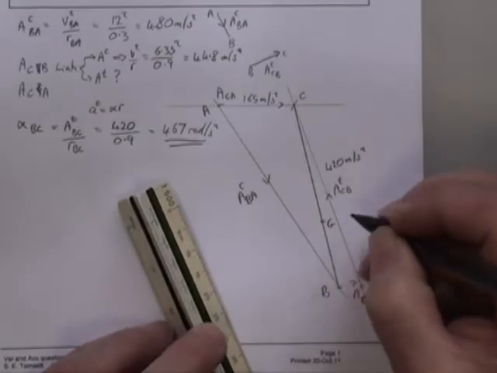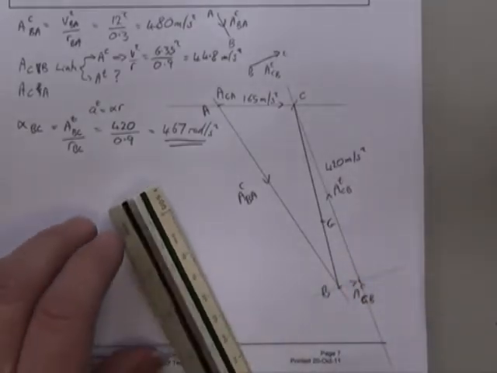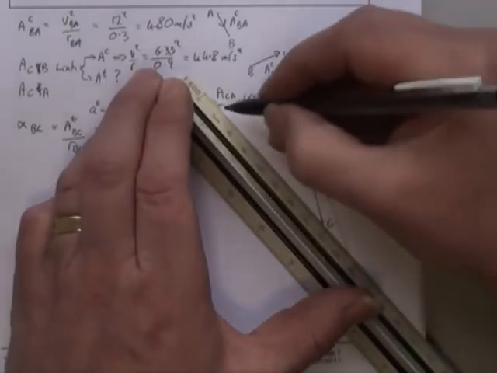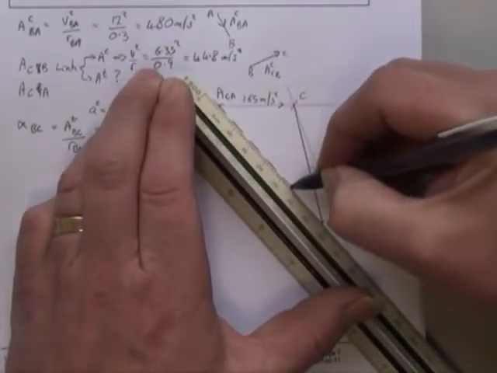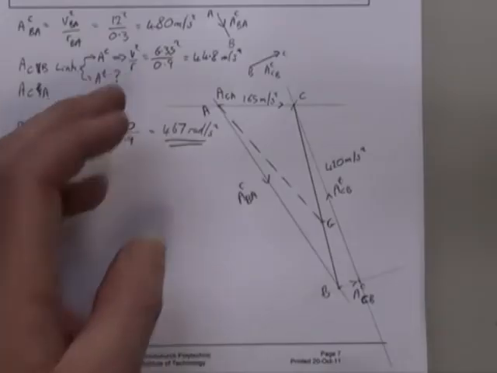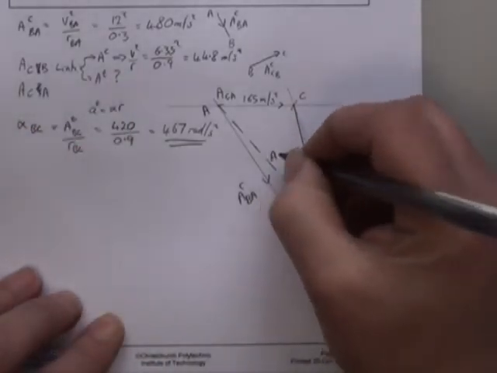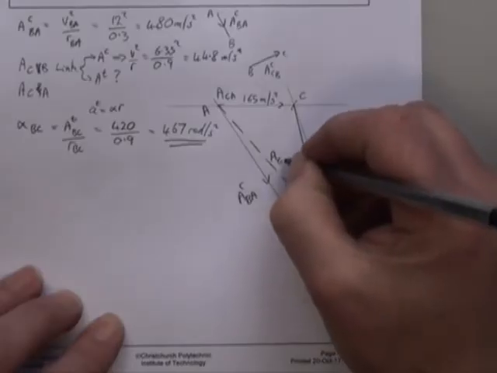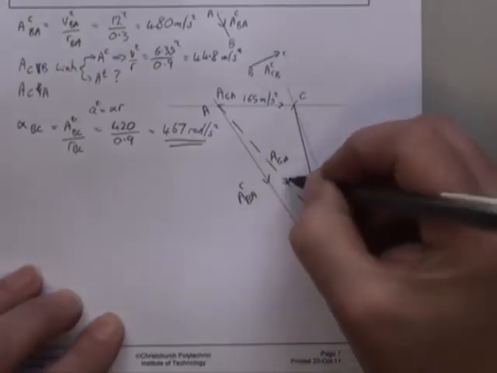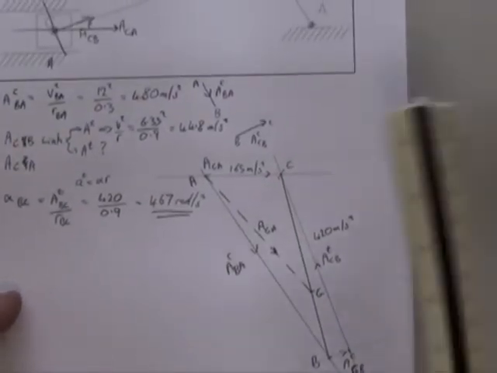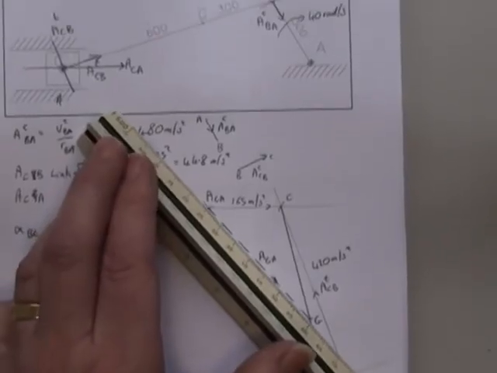So this is point G, and I'm looking for the acceleration of GA, G relative to point A. Now again, this is not a link, it does not have centripetal and tangential parts. This is just the acceleration of G relative to A. Arrow is going to point to the first letter. So G will be accelerating down that way.